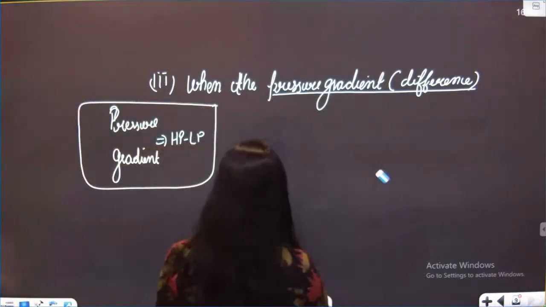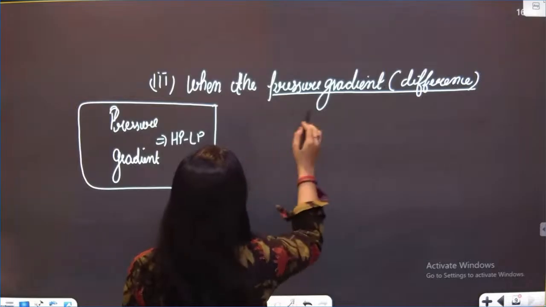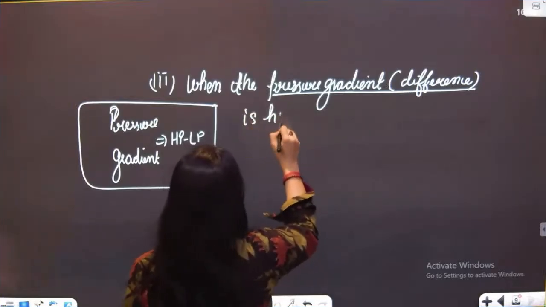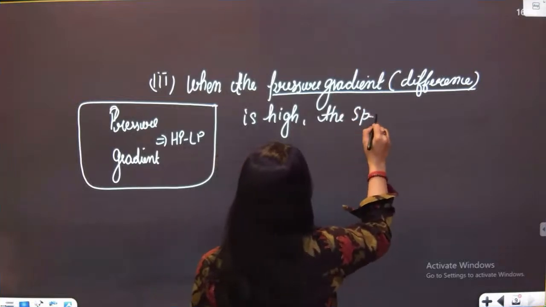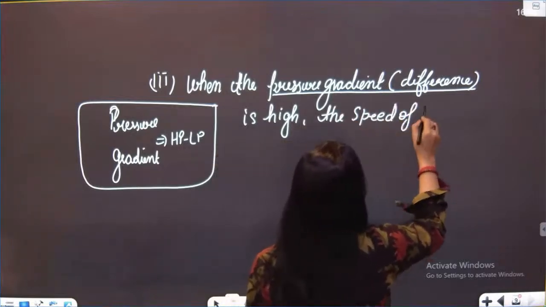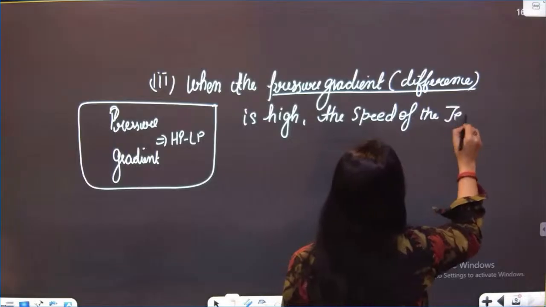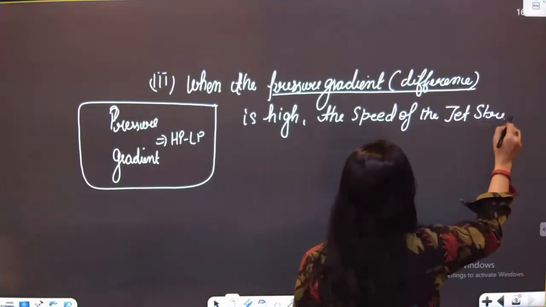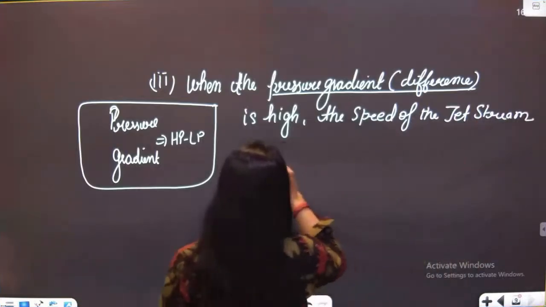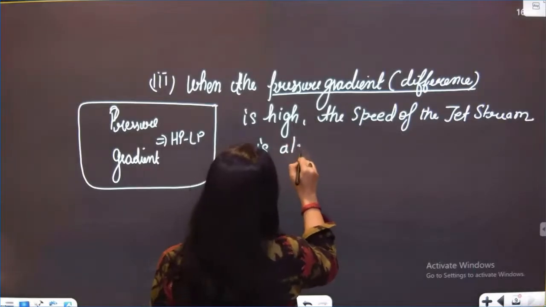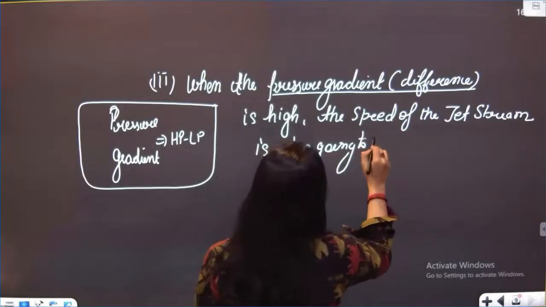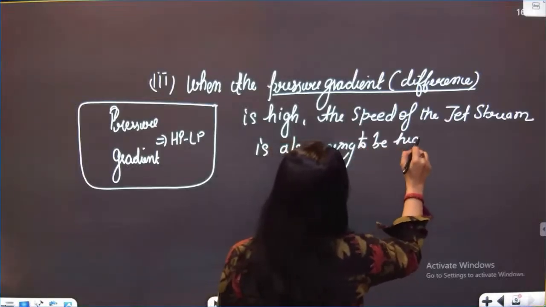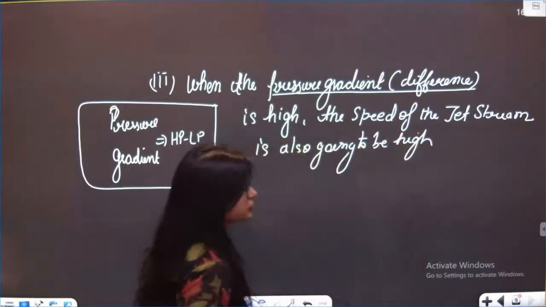And now pressure gradient, or difference, is high, the speed of the jet stream is also going to be high, or velocity of the jet stream is also going to be high.